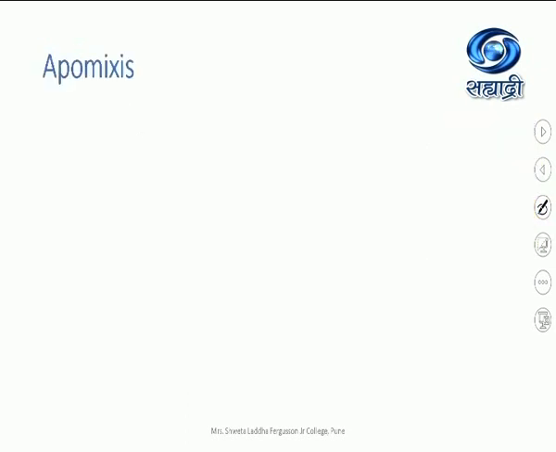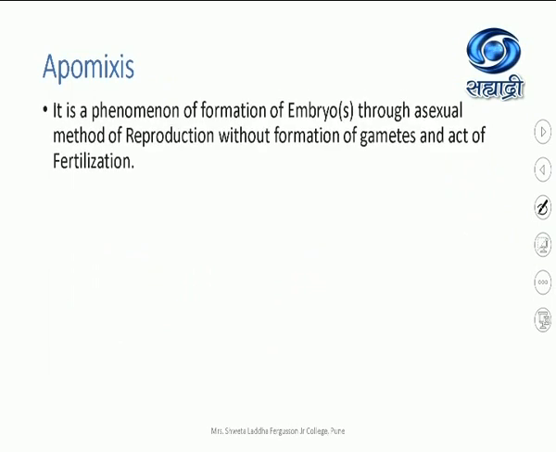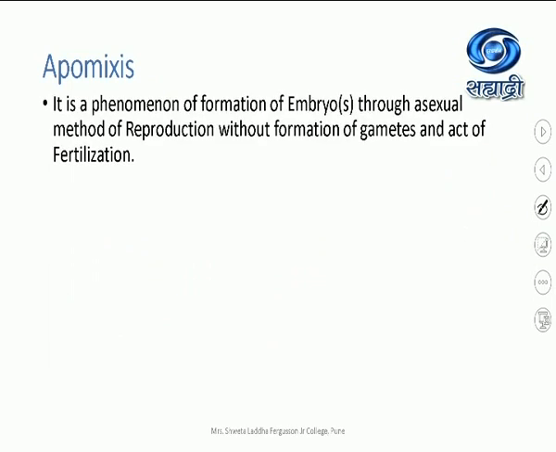Next, apomixis. Very important part. What is apomixis? It is a phenomenon of formation of embryos through an asexual method of reproduction, that is, without formation of gametes or without fertilization. When fruits were formed without fertilization, we called them parthenocarpic fruits.